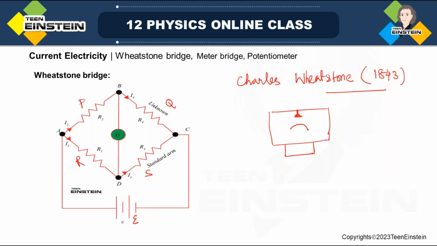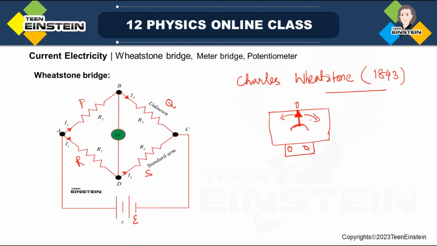When there is no current flow, this is zero current, and the needle, a kind of arrow, will show here. But if current flows, suppose these are the connecting terminals, then the needle will deflect either leftwards or rightwards. This is called deflection.